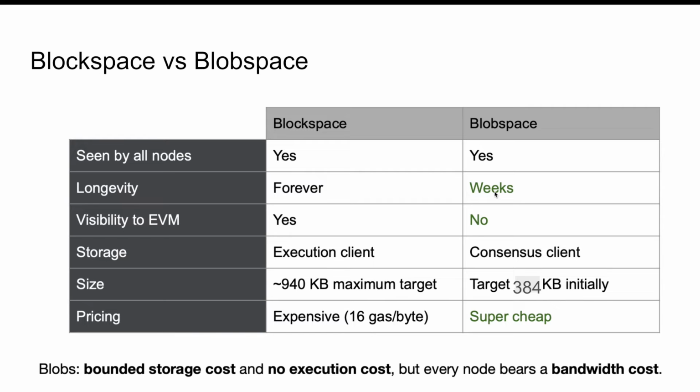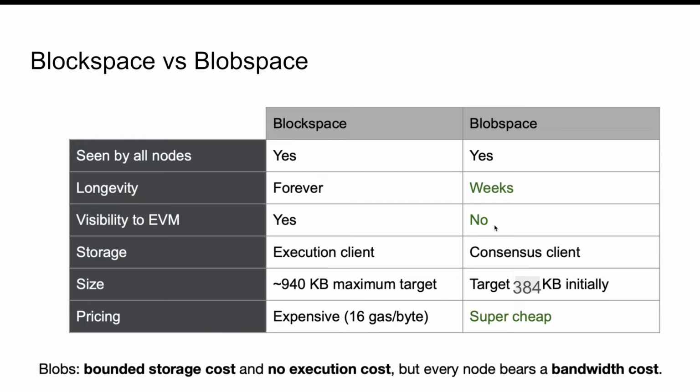But a reference to that, essentially a commitment or a hash of the blob, is stored, while the exact data can be deleted from Ethereum layer 1. And when it comes to visibility to the EVM, block space is visible to the EVM, but blob is not visible.